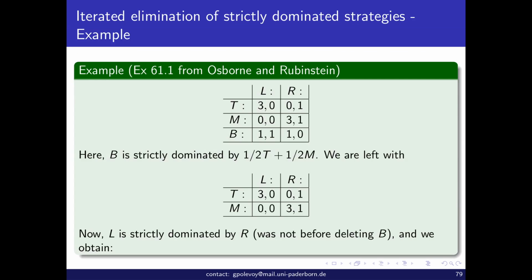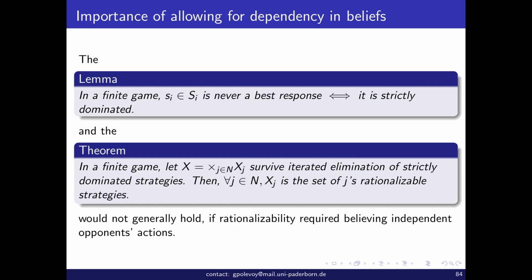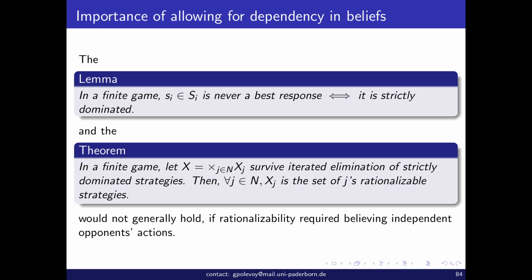And then the last remark, or not the last, but something related, is that we've proven 2 important statements. In a finite game, a strategy is never a best response if and only if it is strictly dominated.